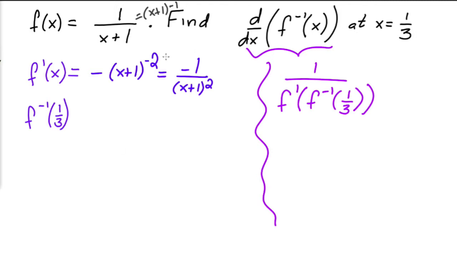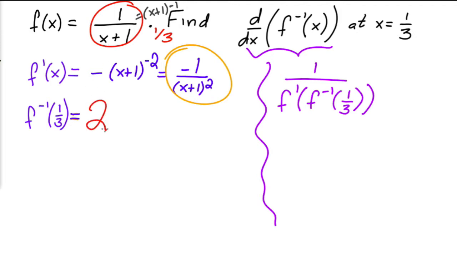Okay, so that's the derivative of the original function. And then f inverse of 1/3 just means when this function right here is equal to 1/3, what's the x value? Well, that's pretty easy to see, that it's equal to 2.